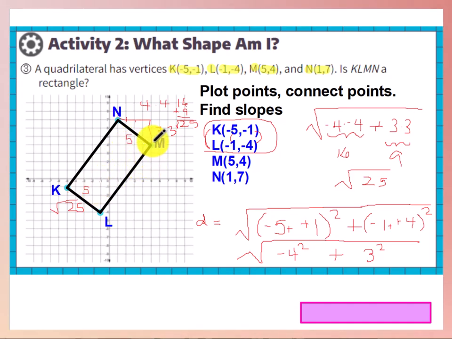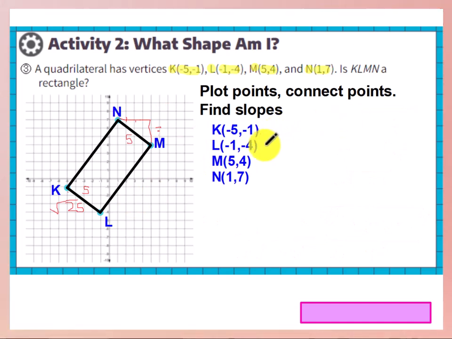Let's find the length between M and L. Let's put the distance formula into practice. I can start with my x's or my y's in the distance formula, so let's start with the y's this time. 4 minus negative 4, and then we're going to square that.